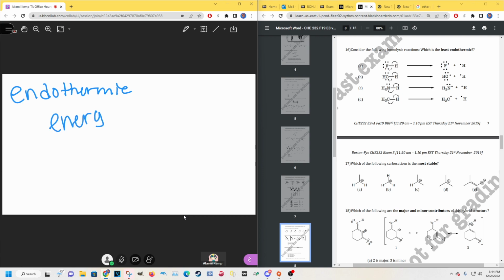So energy is absorbed. This is the least endothermic. So looking at each of these answer choices, one of the periodic trends you're definitely going to have to focus on is electronegativity, because we see we're working with fluorine, oxygen, nitrogen, and carbon.